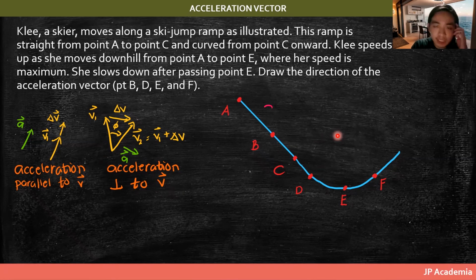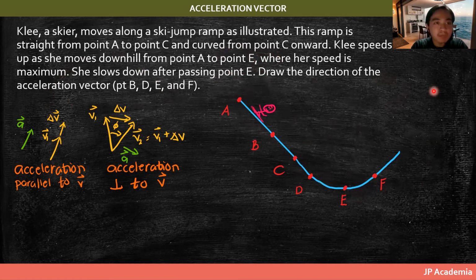So we have this skier, si Klee, na ayan, may drawing ako rito. So sabi, Klee, a skier moves along a ski jump ramp as illustrated. So this ramp is straight from A to C, so straight yan, and curve from point C onwards, as illustrated.